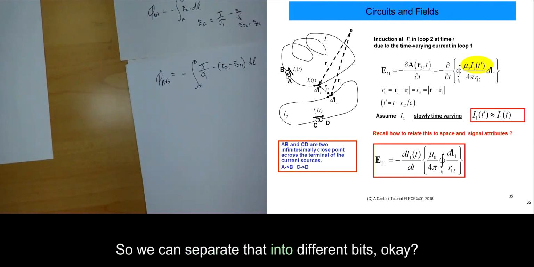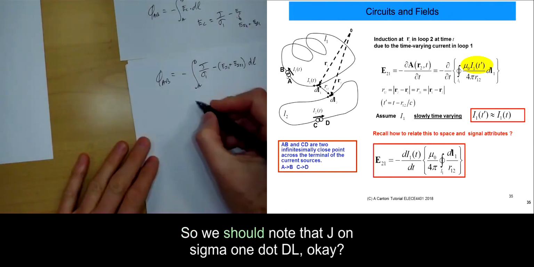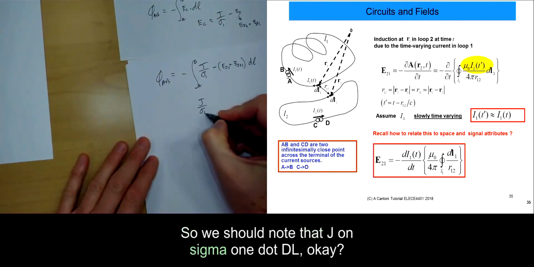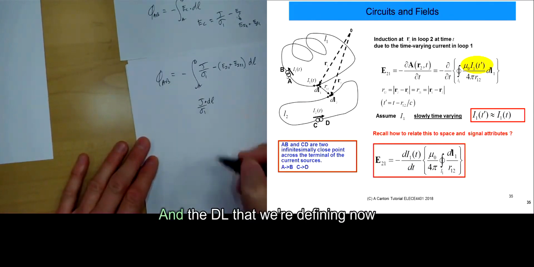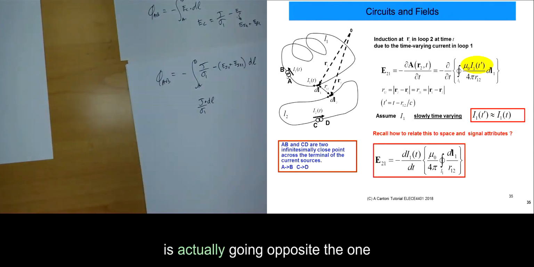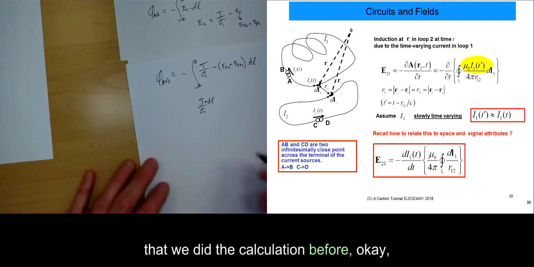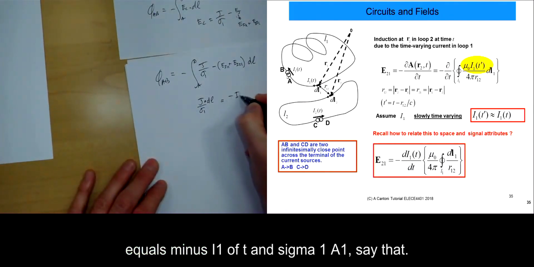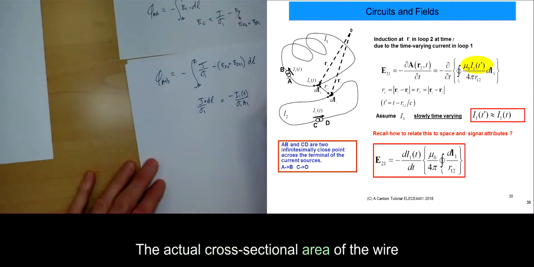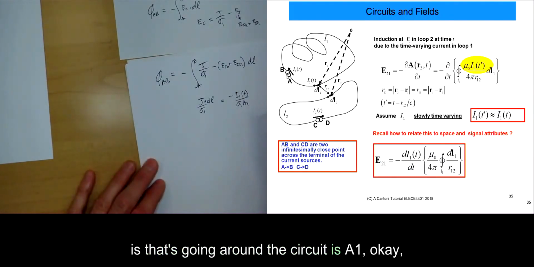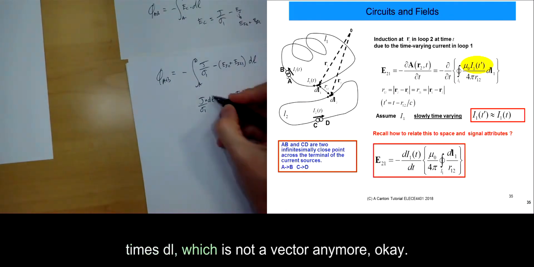So we can separate that into different bits. We should note that J on sigma 1 dot DL, and the DL that we're defining now is actually going opposite to the one we used in the calculations before, equals minus I1 of t on sigma 1 A1, where A1 is the cross-sectional area of the wire going around the circuit, times DL, which is not a vector anymore.